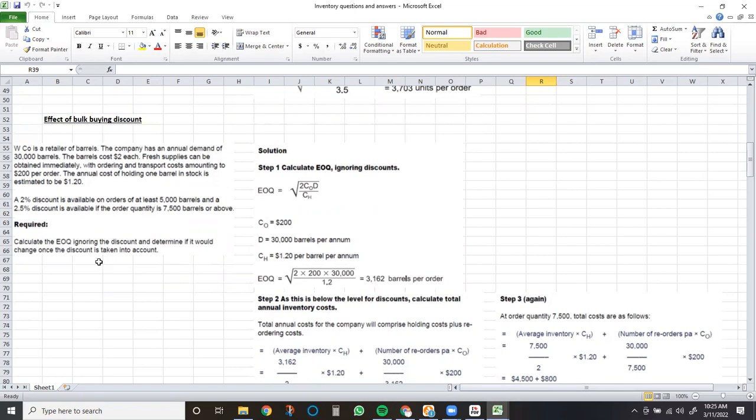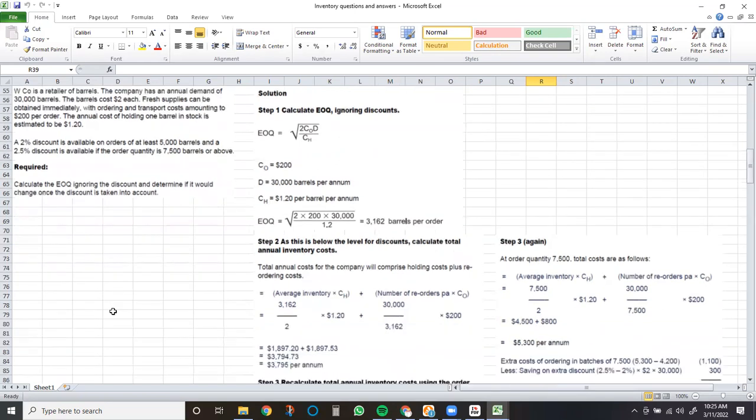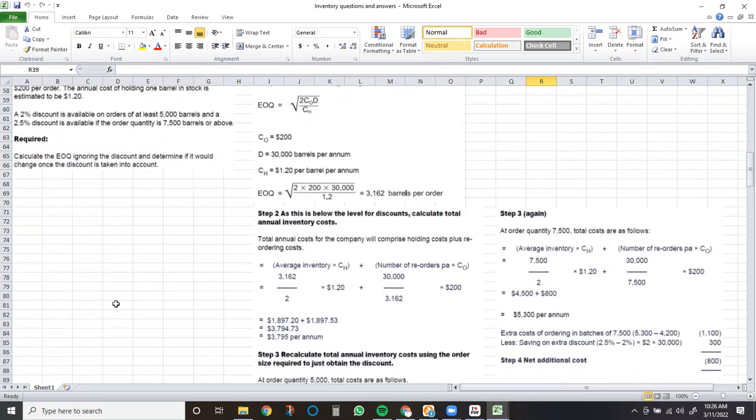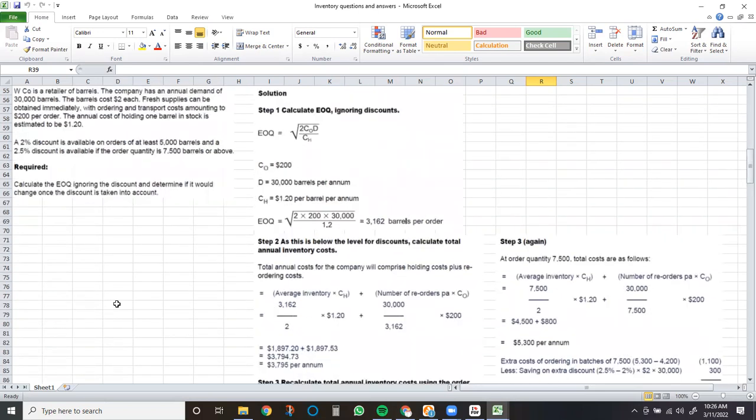Calculate the EOQ ignoring the discount and then determine if it would change once the discount is taken. Now, there are two possible discounts. This can be part of an exam question, maybe one of the longer, constructive type questions. But the EOQ is this.